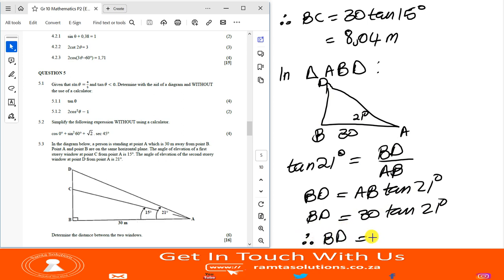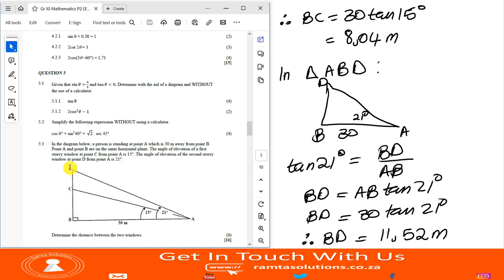BD is equal to 11.52 meters. Are you guys happy with that? It's 11.52 meters. Happy? Cool.